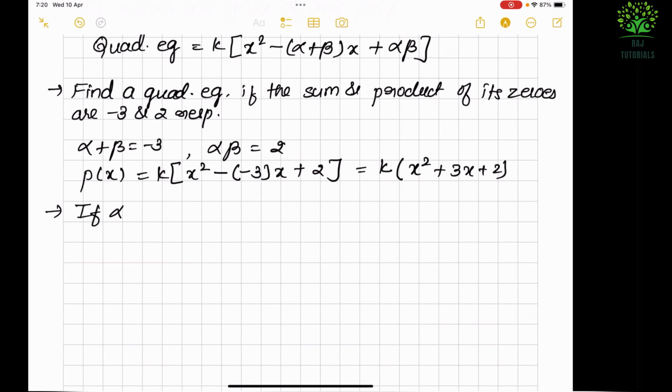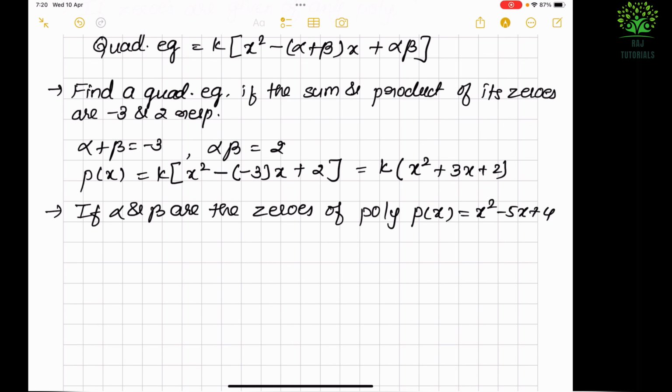If alpha and beta are the zeros of the polynomial p of x equal to x square minus 5x plus 4, then find the value of 1 upon alpha plus 1 upon beta minus 2 alpha beta.